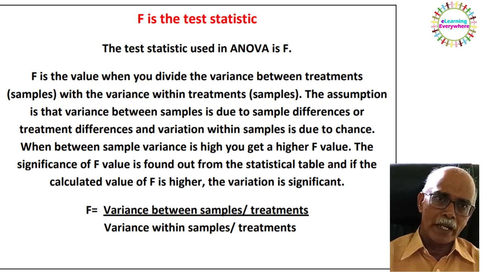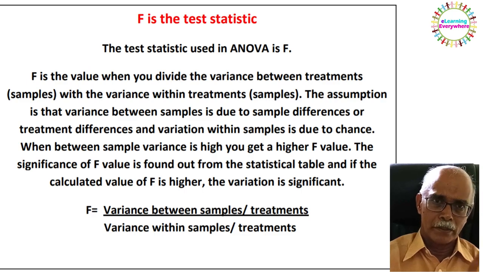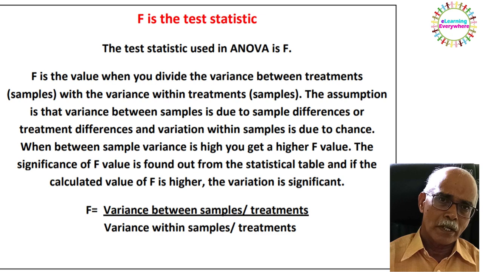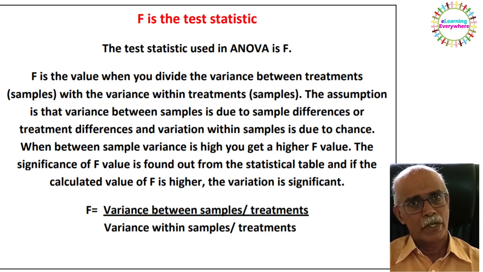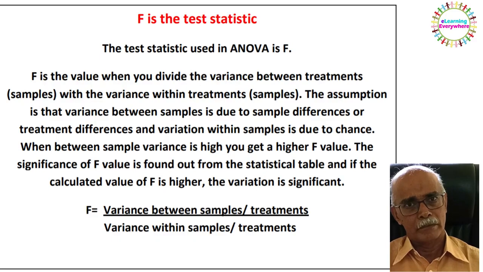And when you get a higher F value, it means that the numerator of the equation is higher, meaning between-sample variation is high, and the denominator is smaller.